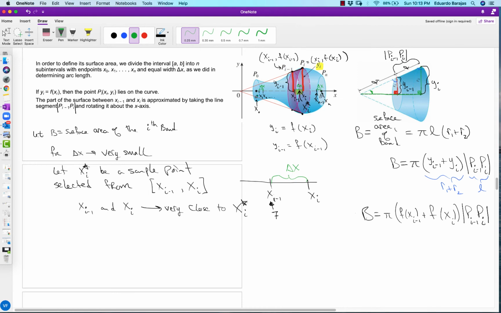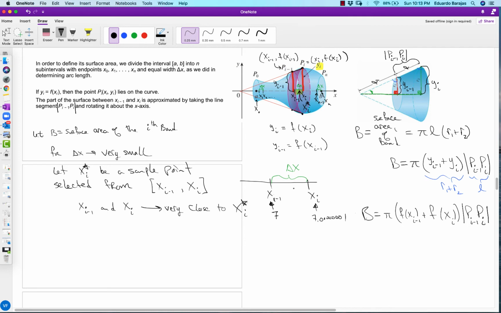Maybe we want to partition the values between a and b into 1,000 little pieces, 10,000 little pieces, 1,000,000 little pieces, right? Something very, very small. So if this is the number 7, just to throw a number out there, then maybe this one would be the number 7.00000001.